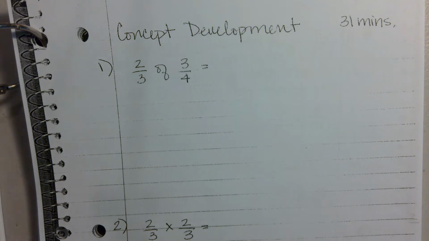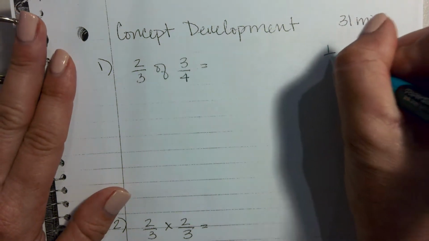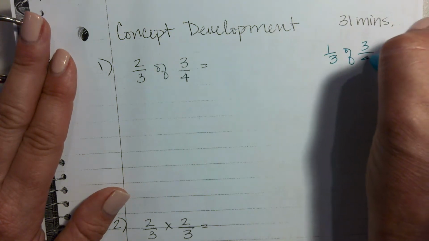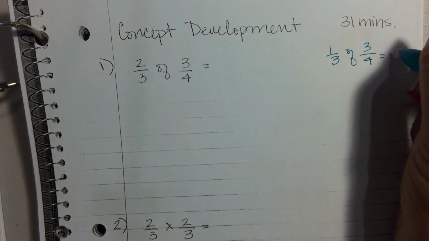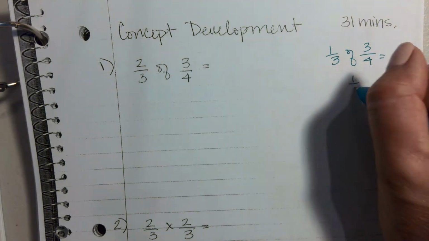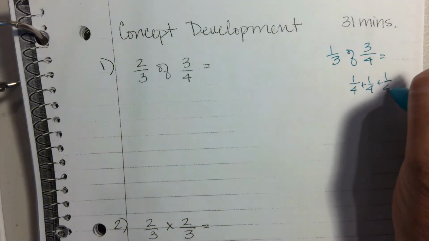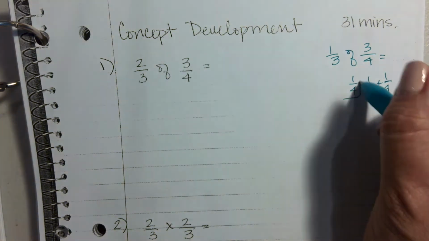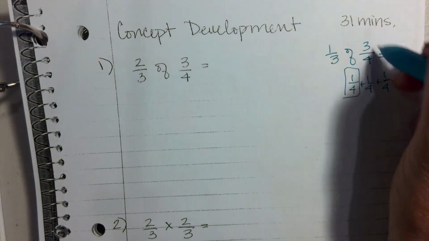So let me just start by asking you, what is 1/3 of 3/4? We did these yesterday, right? We know, so if you took 1/4 plus 1/4 plus 1/4, and we took 1/3 of that, what is 1/3 of 3/4?